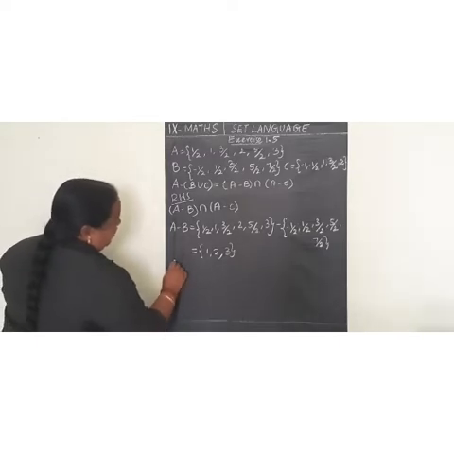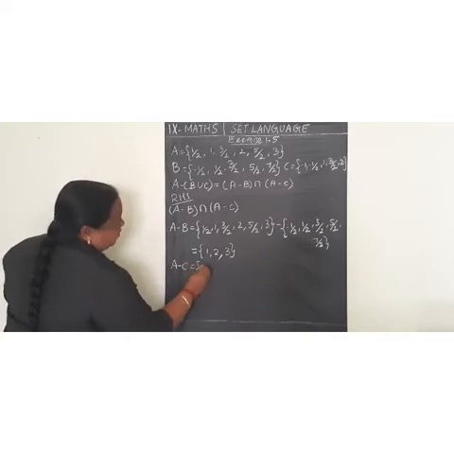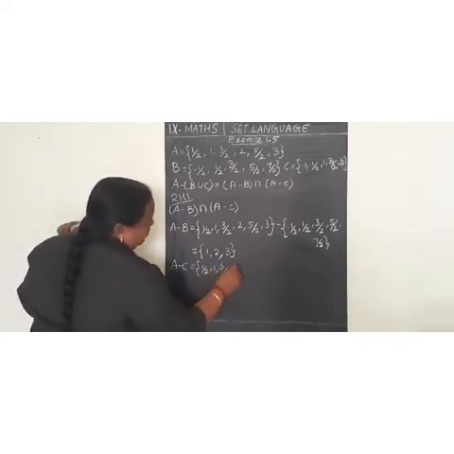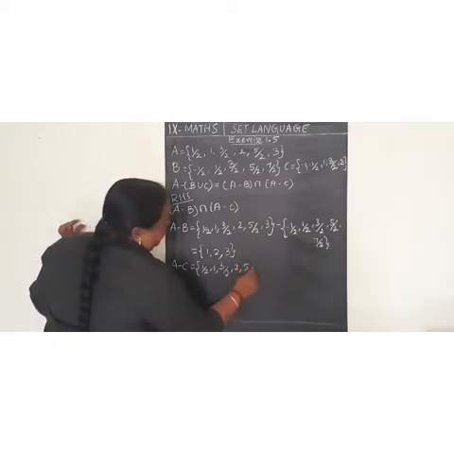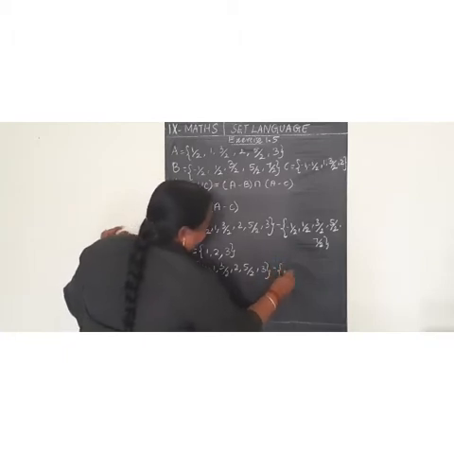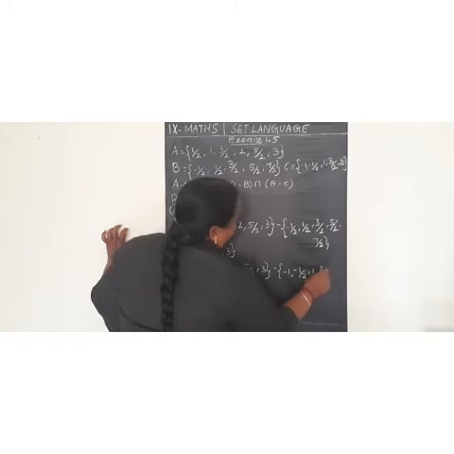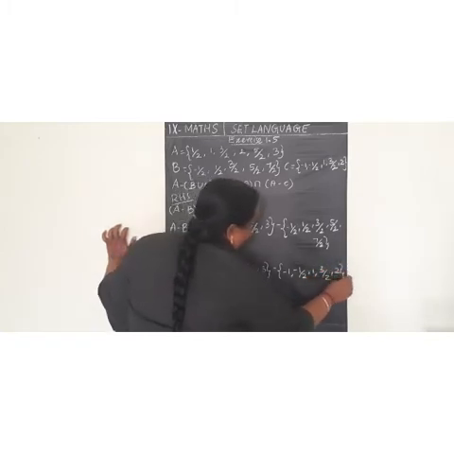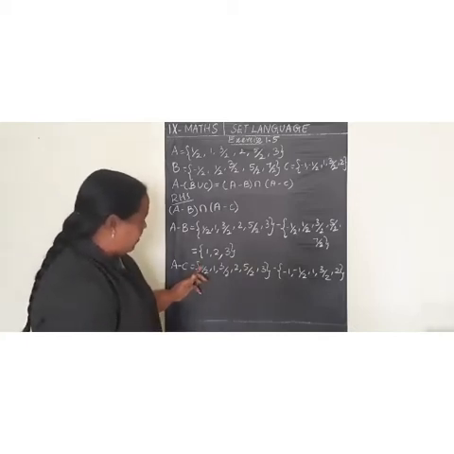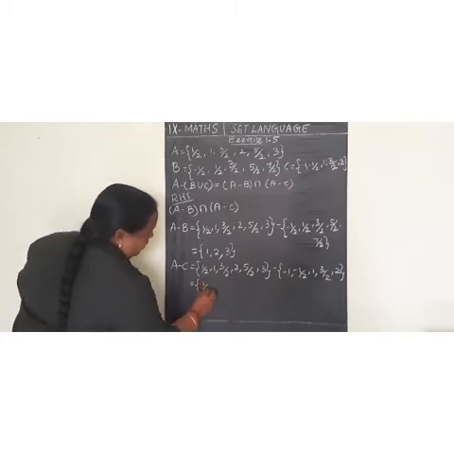Next we have to find A minus C, which is A: 1/2, 1, 3/2, 2, 5/2, 3, minus C: minus 1, minus 1/2, 1, 3/2, 2. The first element is 1/2, which is not there in C, so we write 1/2.